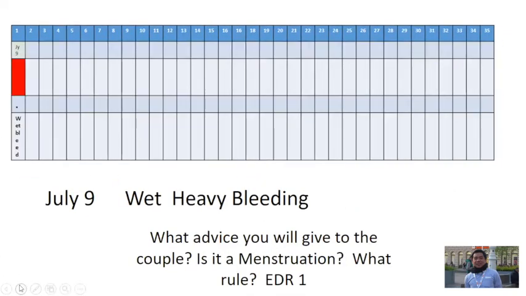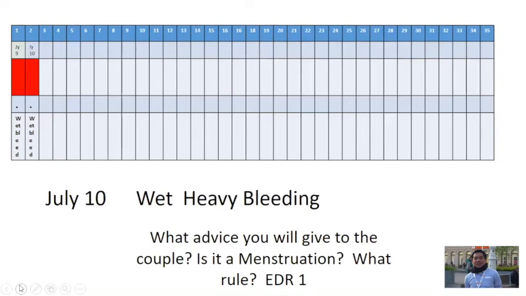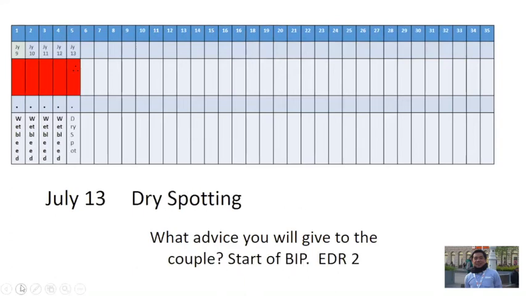But because July 9 until July 12, we are very sure that this is a menstruation validated by the presence of a peak day. The first dry after menstruation is BIP, completely closed. Intercourse can now take place July 13 at night, but no intercourse at July 13.